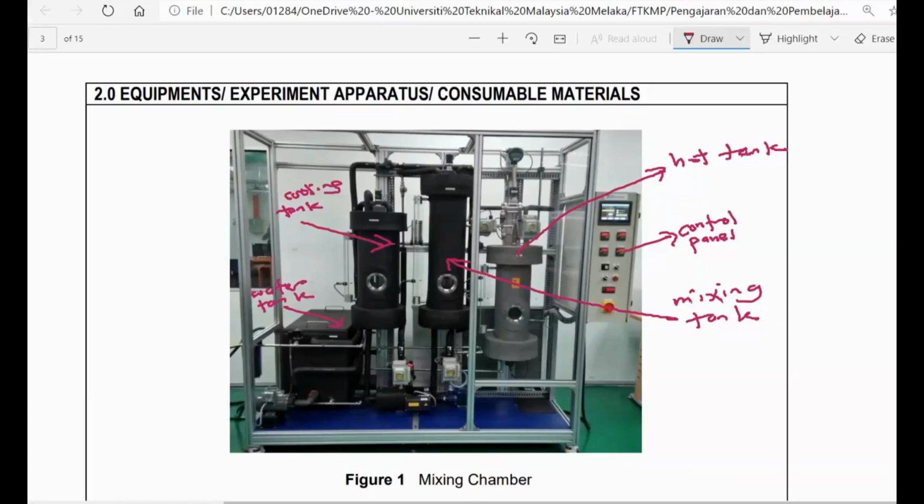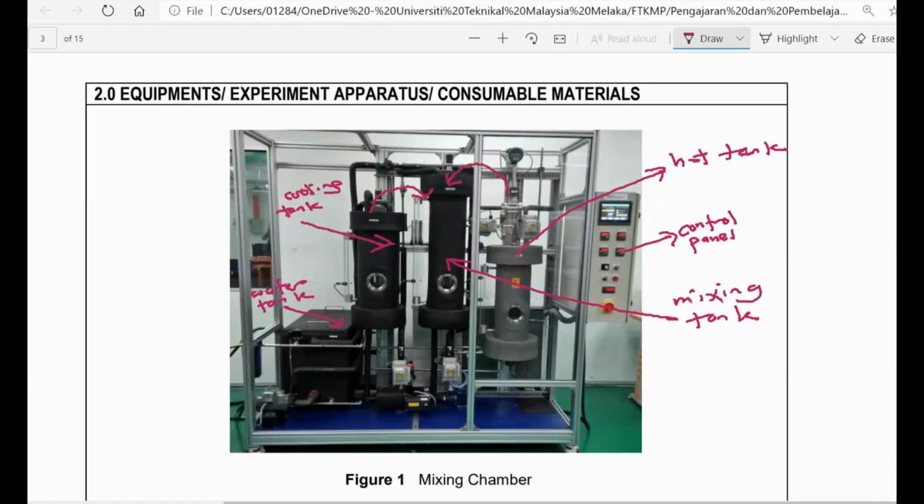In this case, the cold water inside the cooling tank is inserted into the mixing tank, and the hot water inside the hot tank also goes into the mixing tank.